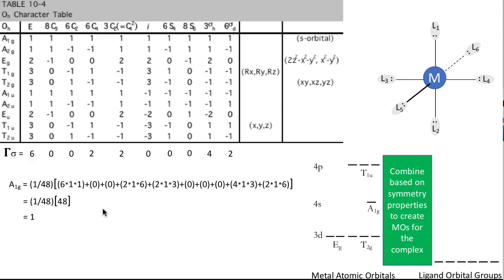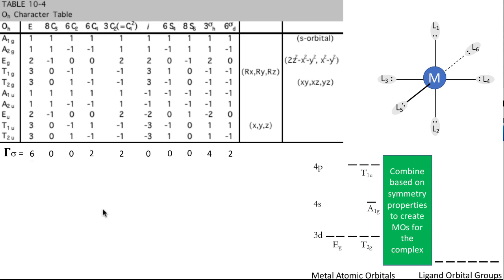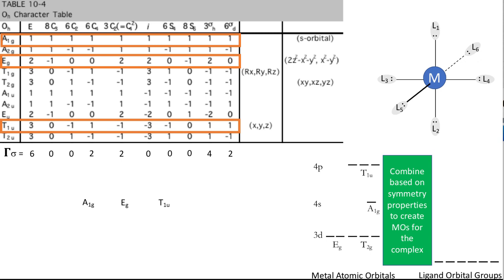And what we find when we go through the process further is that we have an A1G, an EG, and a T1U. Okay? So the symmetries of our ligand group orbitals are A1G, EG, which is a doubly degenerate set, so that'll be 2 of our groups, and then T1U, which is a triply degenerate set.